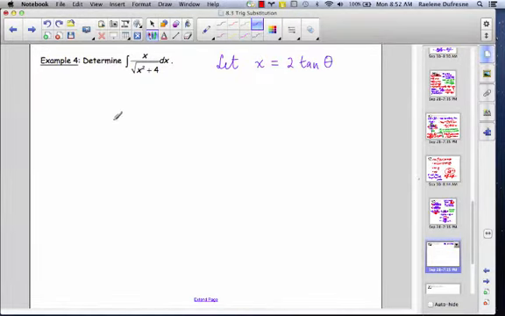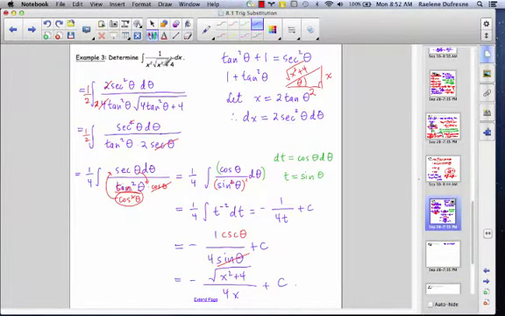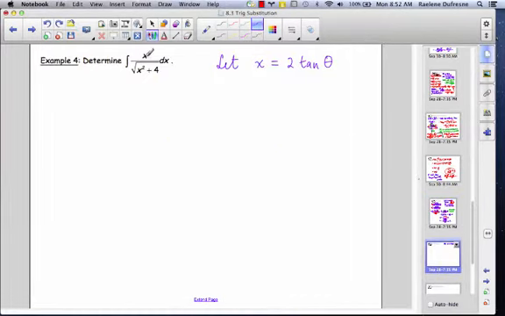But there is something different between example 3 and example 4. In example 3, we had an x squared in the denominator, and in example 4, we have an x in the numerator. And we see that we have x dx as a pair, or as a factor multiplied together.